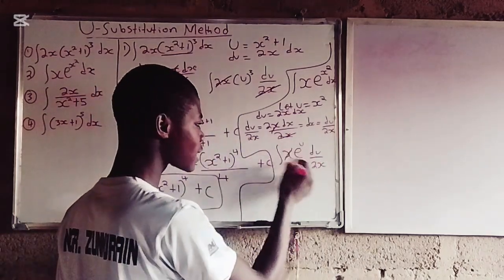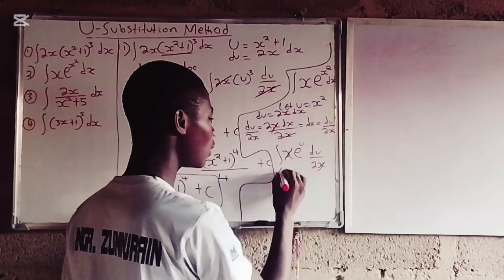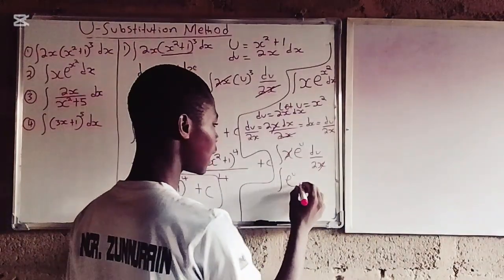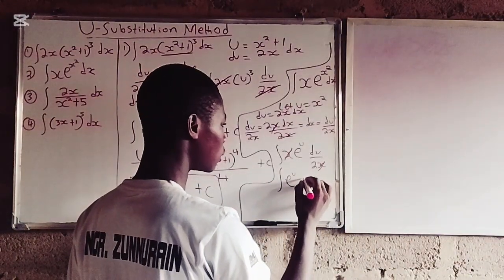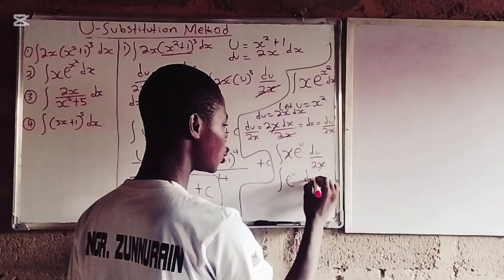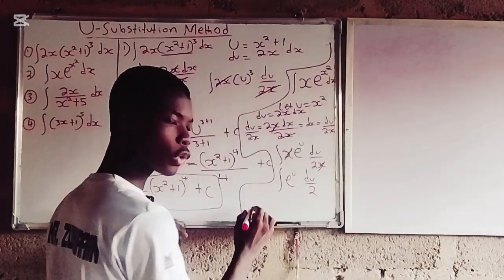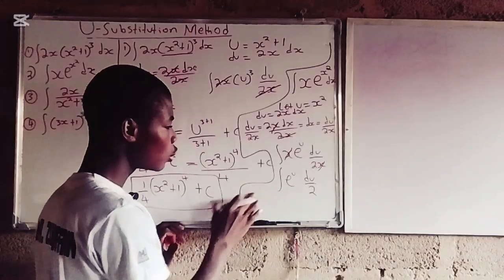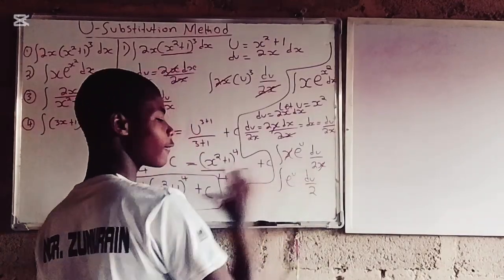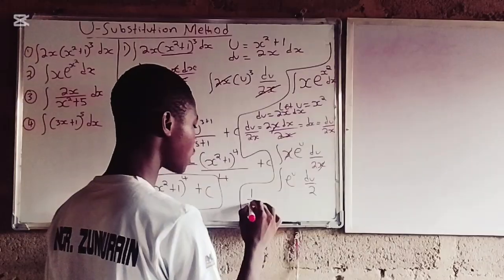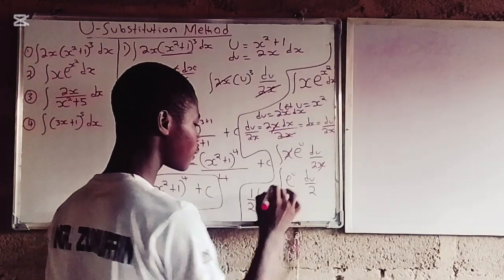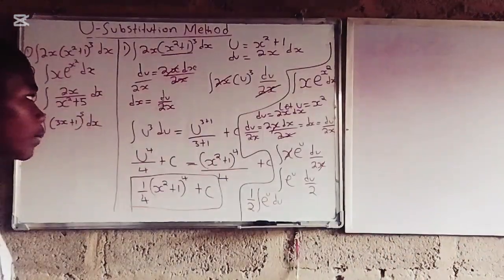At the end, x will go with x. I will be left with e to the u, and this is the same thing as du by 2. And du by 2 is the same thing as 1 over 2 multiplied by du. So I have to factor it out: 1 over 2 integral of e to the u du.